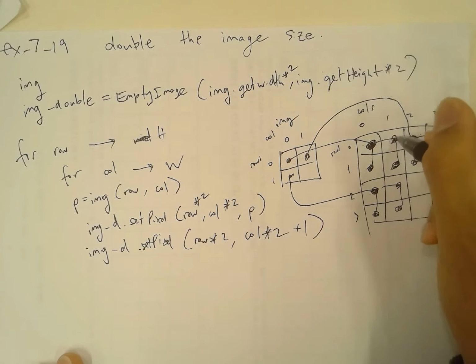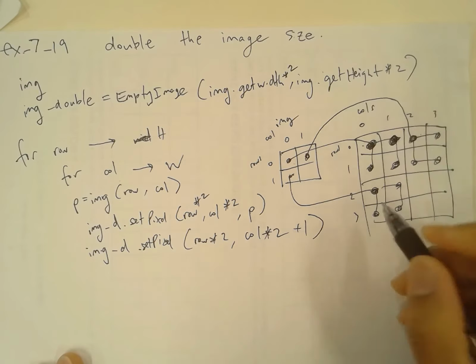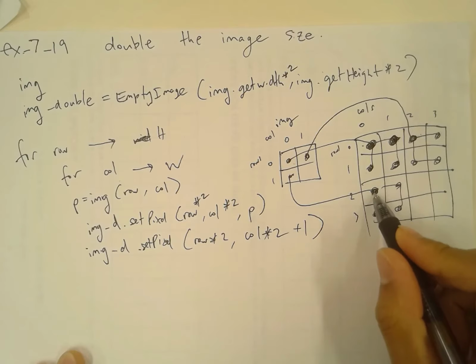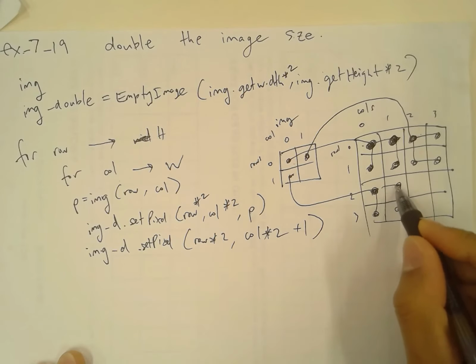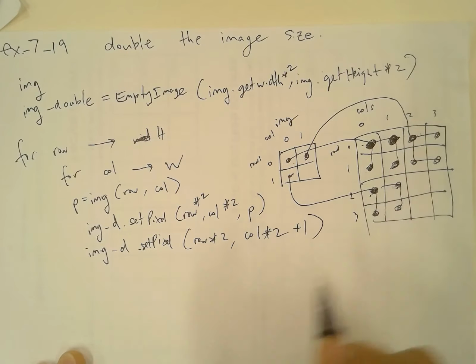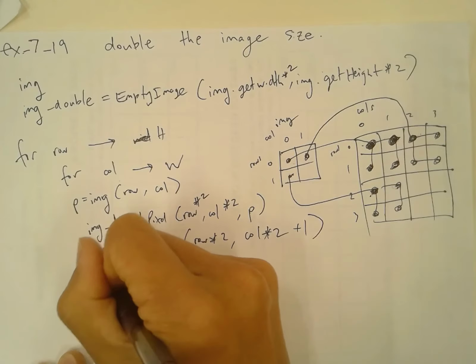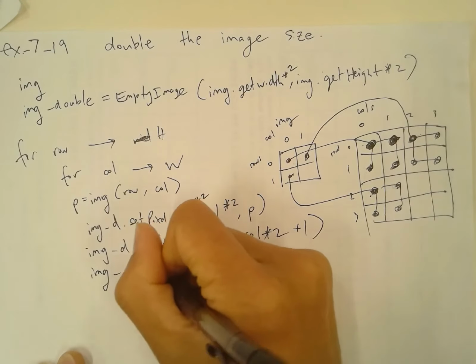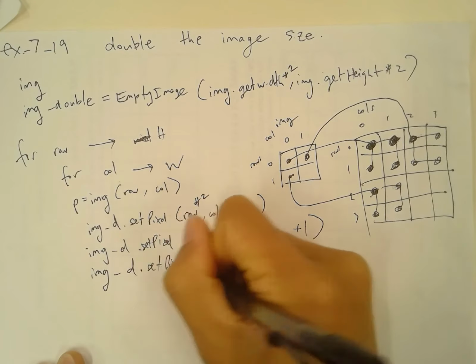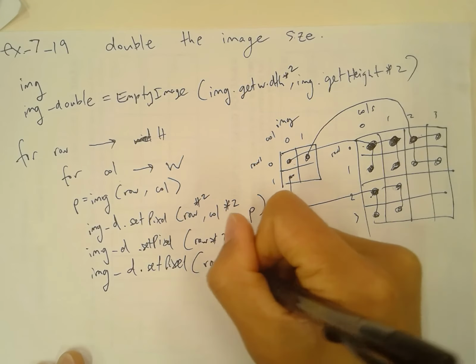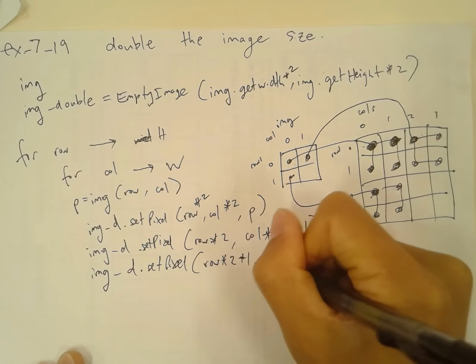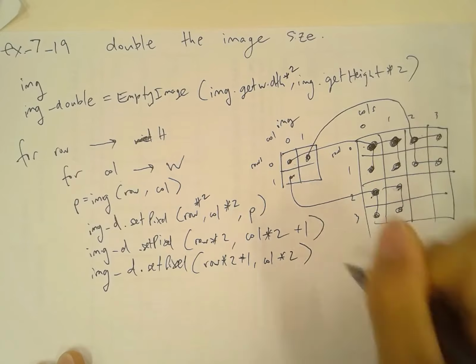So that takes care of this pixel here. And if we were originally talking about this one here, that would set this one to be the same as this one. And we're going to do that for the other 3. So setPixel of row times 2 plus 1, column times 2.